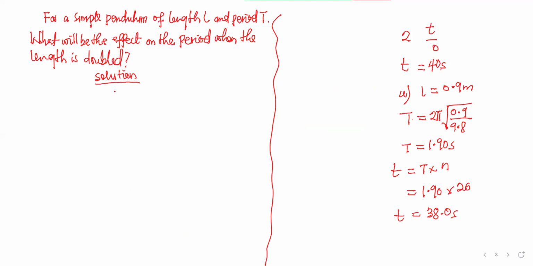You know, when a length L of a string is subjected to a change in temperature, delta T, the new length would be equal to the original length L plus the small change in the length.